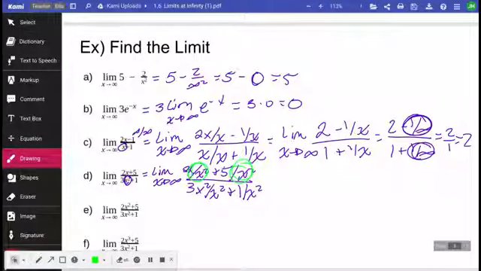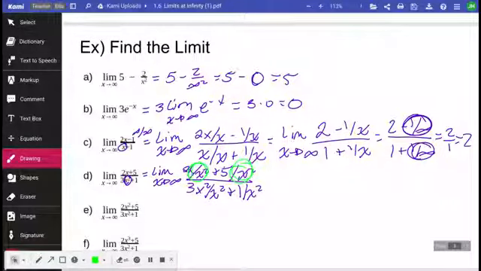Go back to my purple. All right, so we're going to do a similar kind of thing here. We're going to rewrite this. 2x squared. But now I'm going to divide still by the biggest power of x in the denominator, which is still x squared. So I'm going to divide that by x squared, 5 by x squared, 3x squared by x squared, plus 1 over x squared.